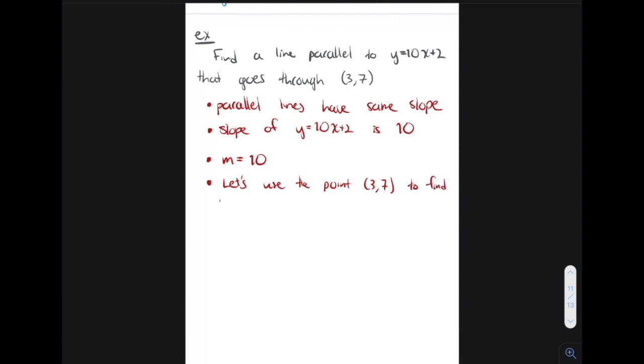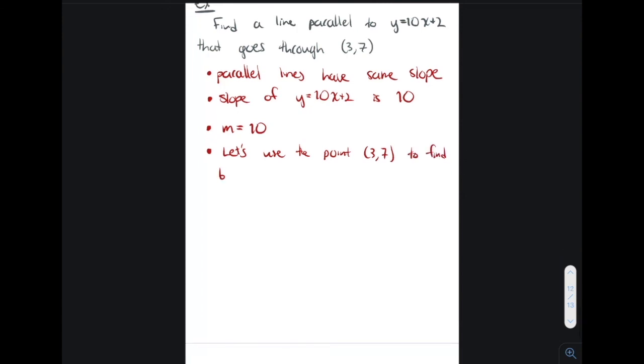Again, in our general expression, if we use y equals mx plus b, we know m. To find b, we can use any point we know that the function goes through. We can use 3, 7 to get y, which is 7, equals m, which is 10, times x, which is 3, plus b. So 7 equals 10 times 3 plus b, or 7 equals 30 plus b, meaning that b equals 7 minus 30, which means that b equals negative 23.